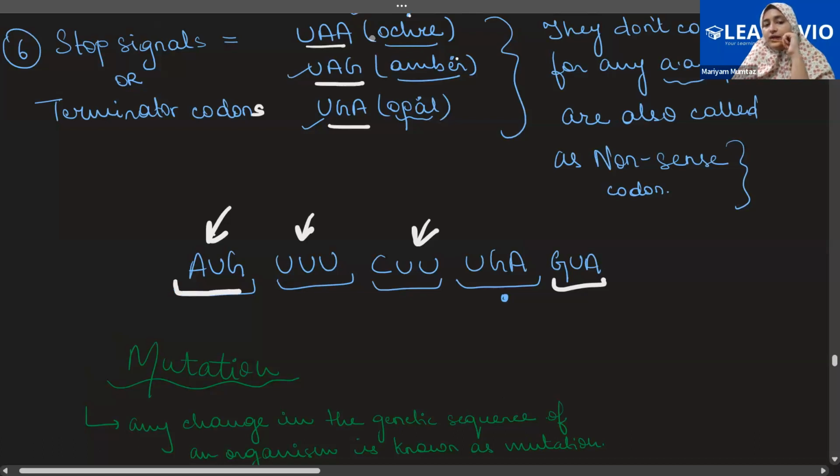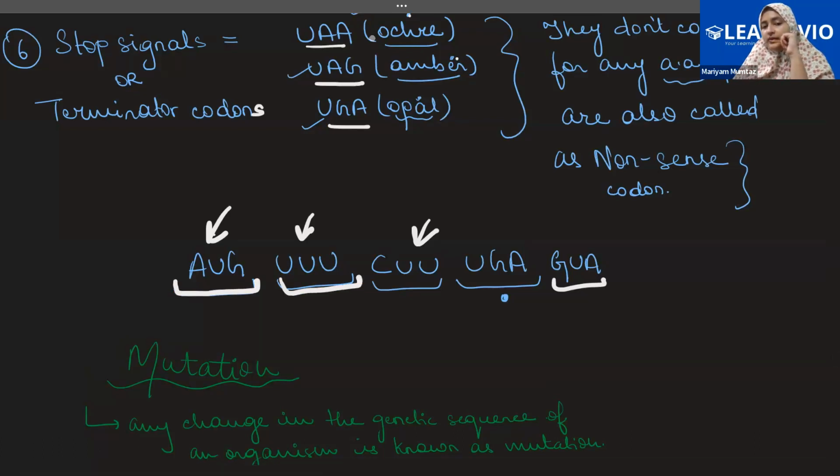So this codon will be read, this one will be read, and this one will be read. But because of the presence of a stop codon over here, the process will stop after this, meaning the following codon will not be read. The whole entire process stops. The reading of the codon also stops because it is a stop codon. Clear to you all?